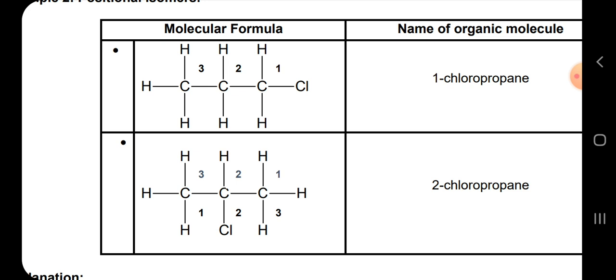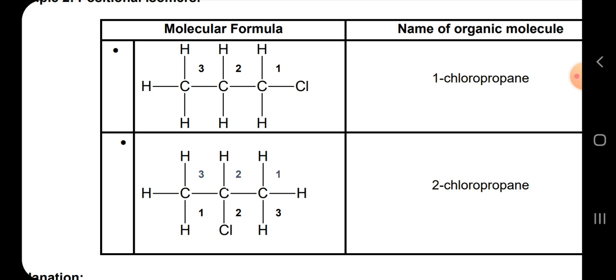The first one will be the one closest to the functional group. So this Cl is what makes this structure what it is. The Cl is the functional group, the C bonded with Cl. So we start with that first C, because it's at the end, that will be the first C.